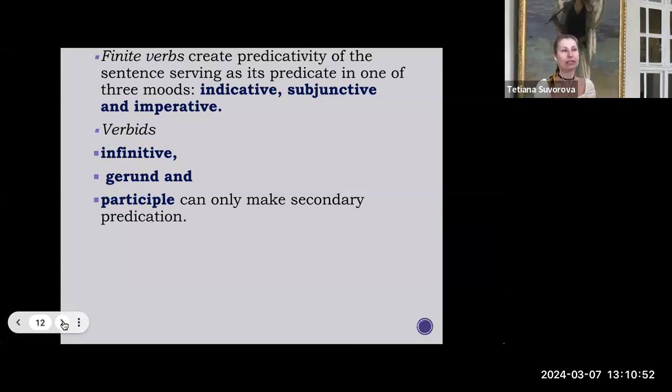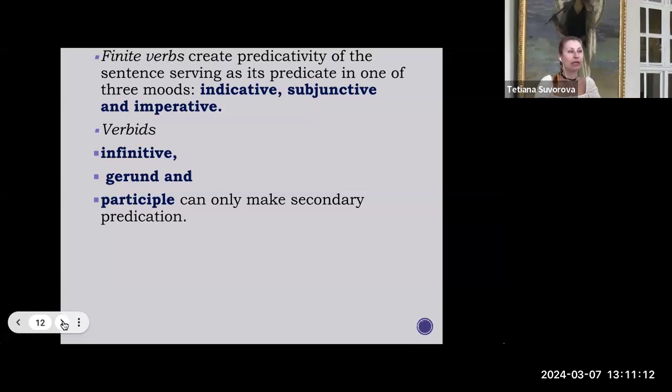So we express a lot of things. And we can speak about indicative, subjunctive, and imperative moods within these paradigms.